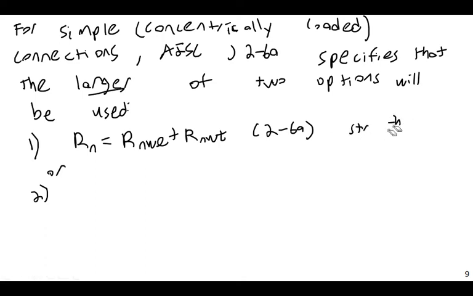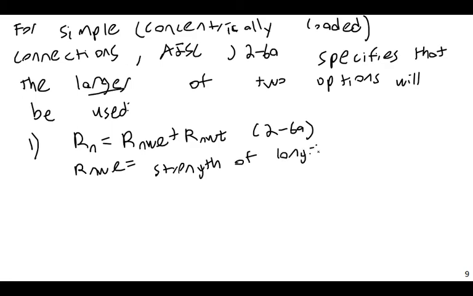Or actually, let's back up. Where RnWL is the strength of the longitudinal weld.